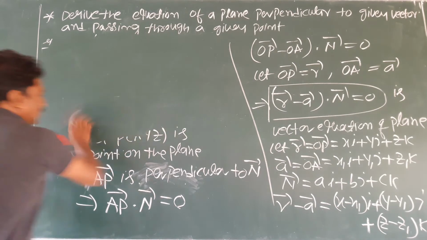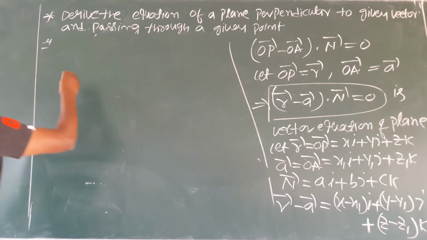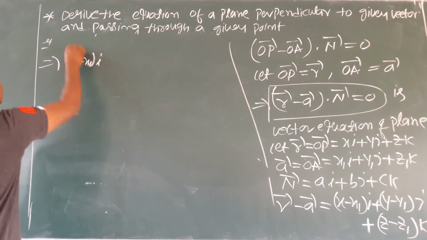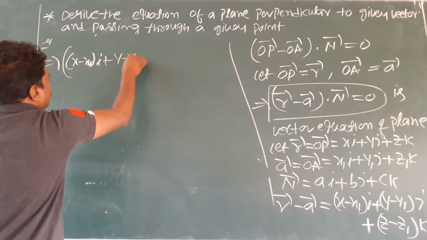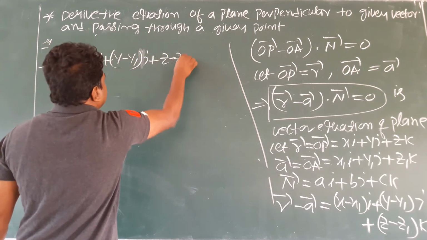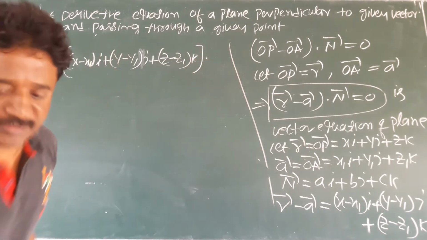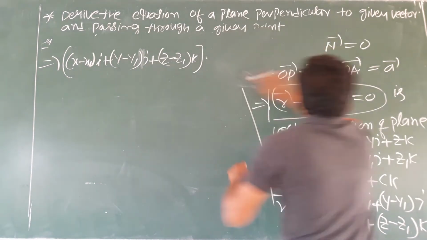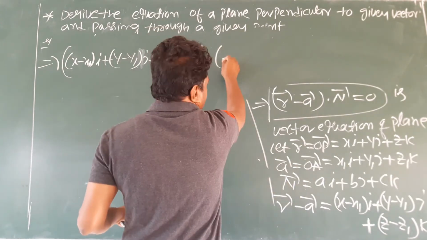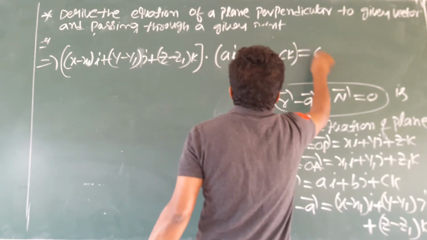Now the last step. Write r minus a: that implies (x minus x1) i plus (y minus y1) j plus (z minus z1) k. So write the dot product, (r minus a) dot n, where n is ai plus bj plus ck, equal to 0.